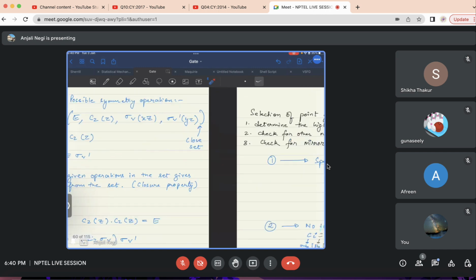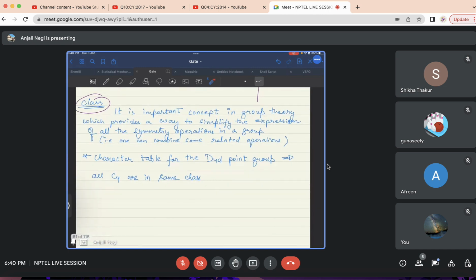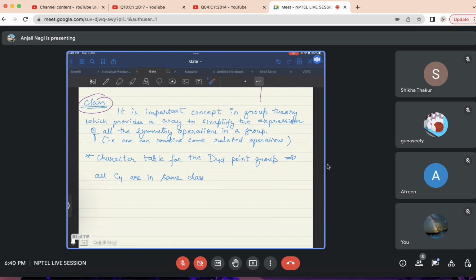So you can just combine some related operations and write them down in a class, but it's a little tricky because you have to know the character table for the D4d or other point groups, so that you can actually differentiate whether the C4 axes are grouped together in a single class or actually they are divided into 2 different or 3 different classes in a character table of that point group.